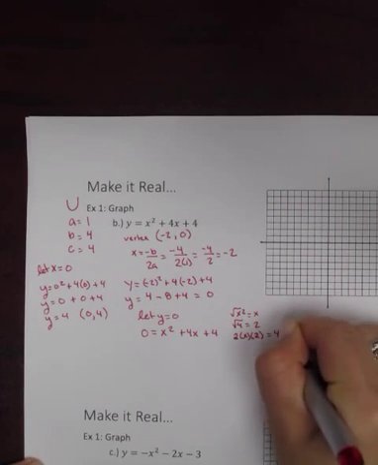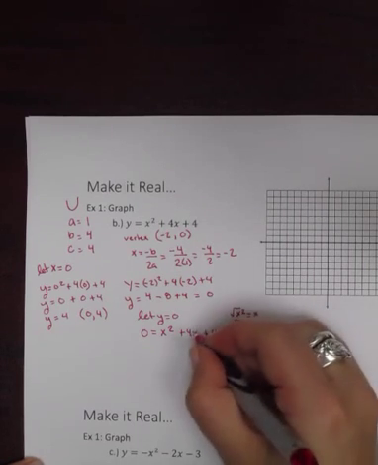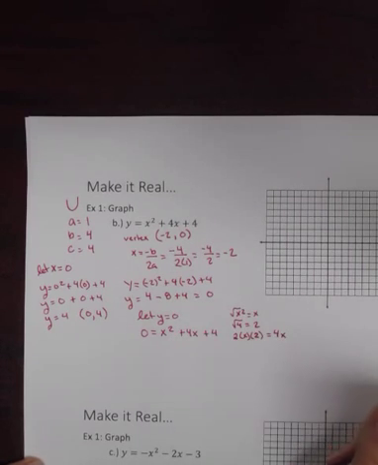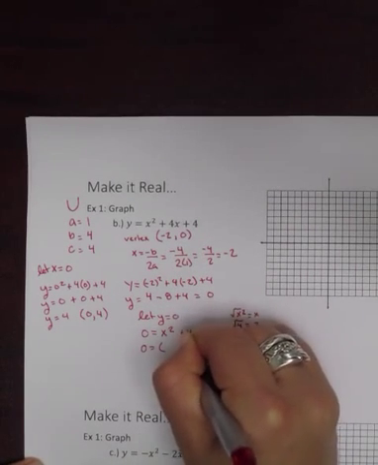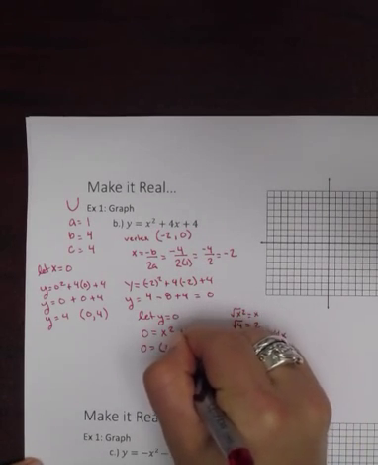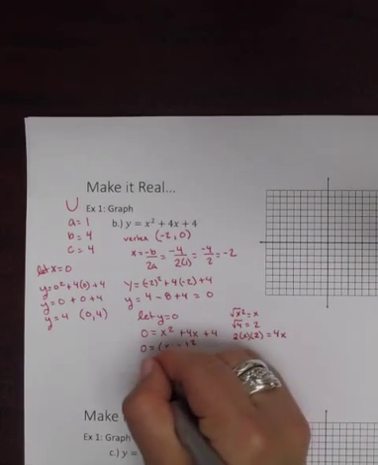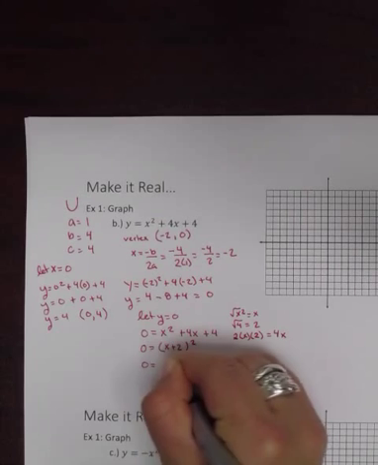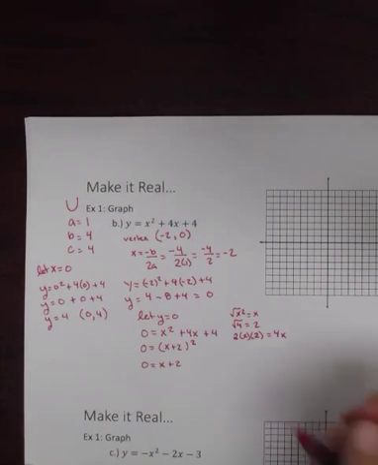So we get 4x if we multiply that out, which matches this, so we're good to go. So we would go 0 equals a binomial squared, and we would plug in x plus 2. Now with this, we still have to solve it. So we only have to write it one time because we would be writing the exact same thing twice. So you really only need to write it one time.